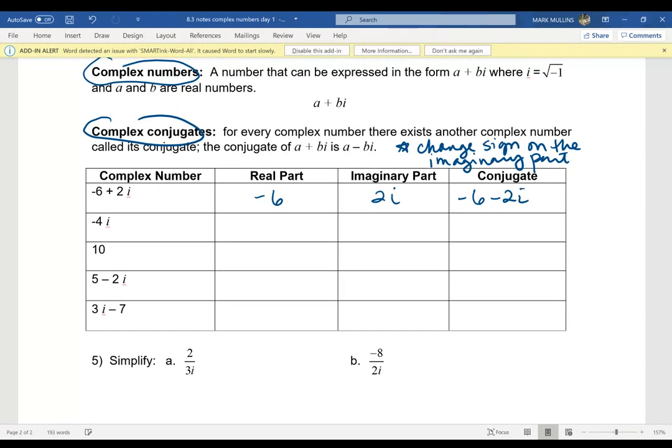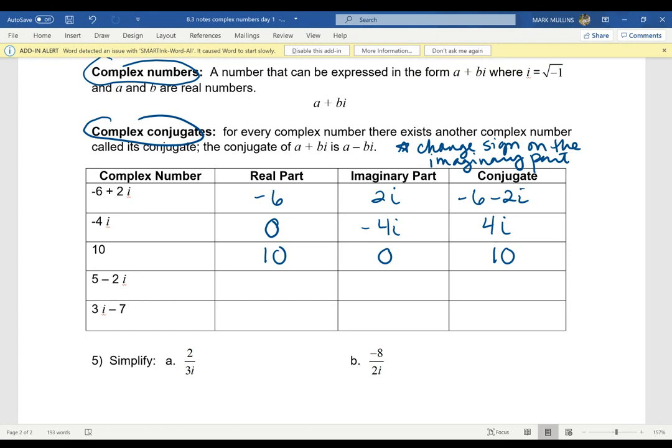The next one, I don't have a real part, so I'm going to write 0. My imaginary part is -4i, and the conjugate would be a positive 4i. 10 is only a real part. The imaginary part is 0, and so the conjugate is just 10.